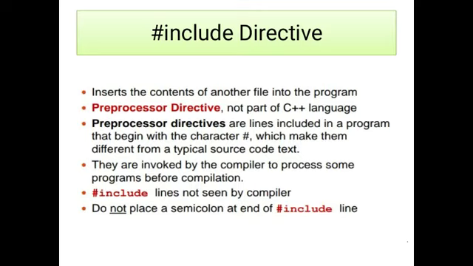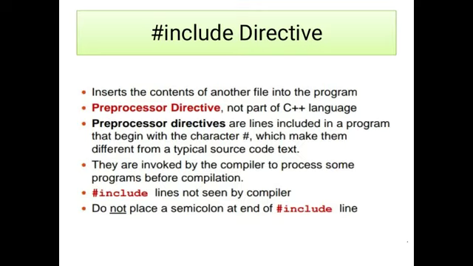Now let's talk about the include directive. Include directive is used when we have to insert the contents of a file into the program that we are writing. Preprocessor directive is not part of the C++ language. Preprocessor directives are lines included in a program that begin with the character hashtag, which makes them different from typical source code text.